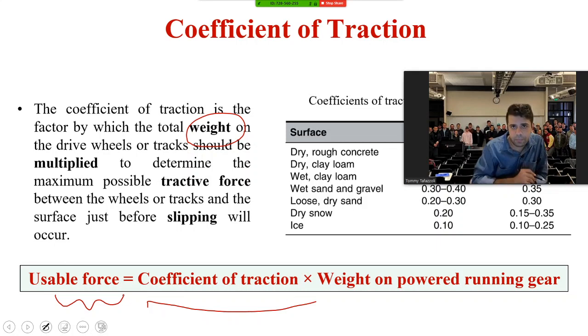For that, you need to know the coefficient of traction, and the weight on the powered running gear is given to us. That is the weight of the machine, a piece of information that is almost always available. So if you multiply the weight of the machine by the coefficient of traction, you can get the usable power.